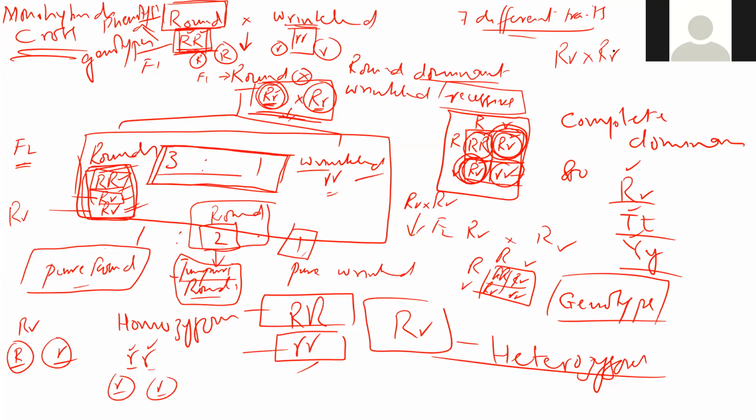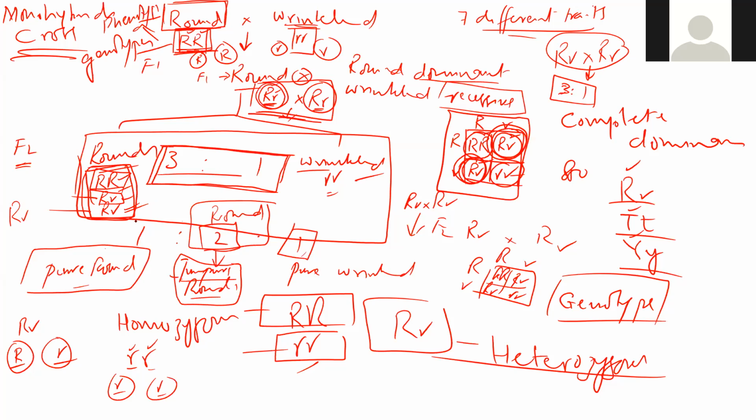If this same parent is self-crossing, what phenotypes will come? One RR, one Rr, one Rr, and one small rr. What phenotypes are formed? 3 round, 1 wrinkled. Very good. So that is impure, right? Clear?